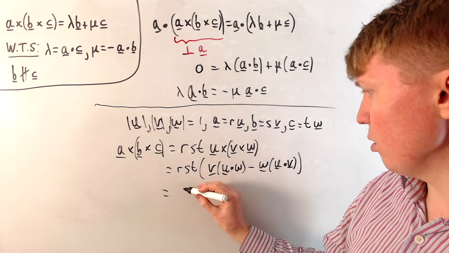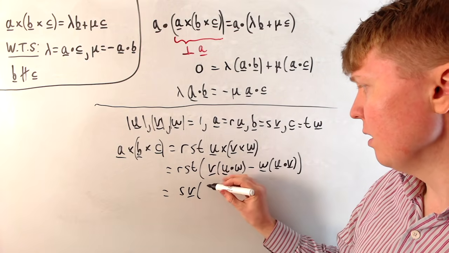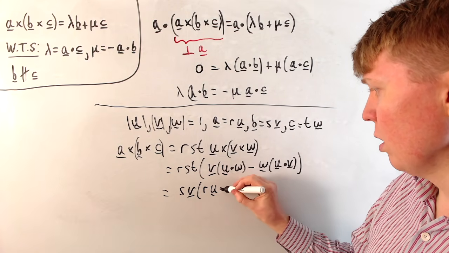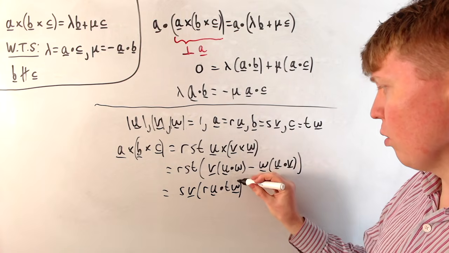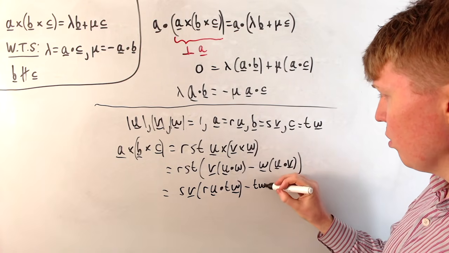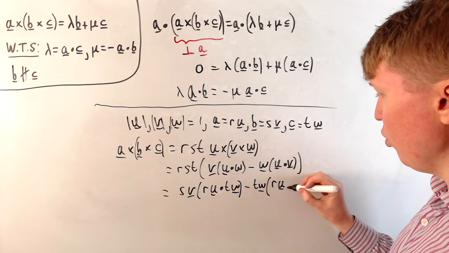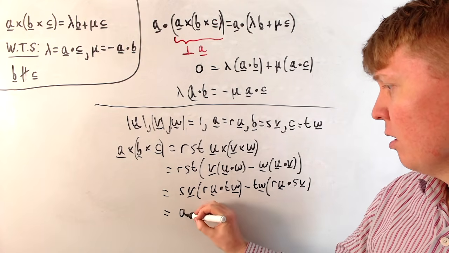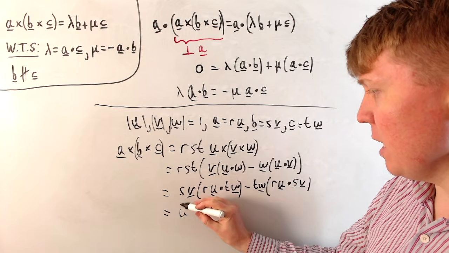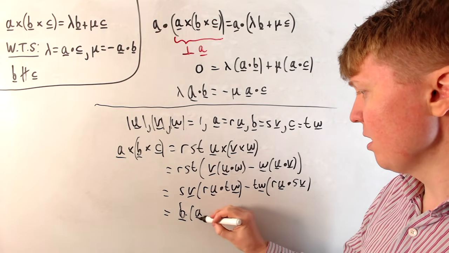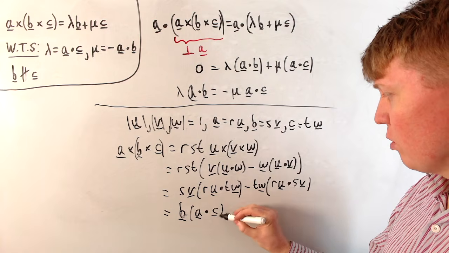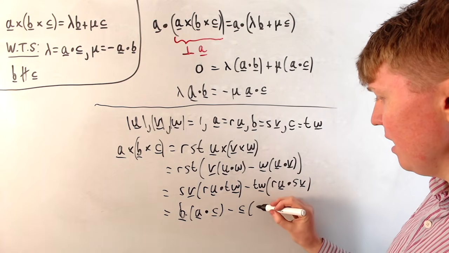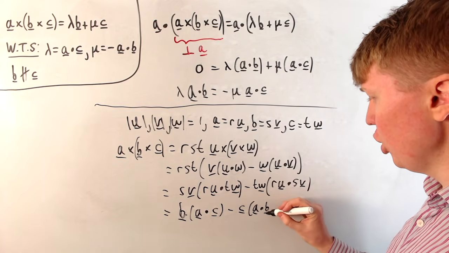So let's just write this out to be really clear. So we get SV times RU dot TW minus TW times RU dot SV. And of course SV is B, so we've got B times A dot C from those two terms minus C times A dot B.